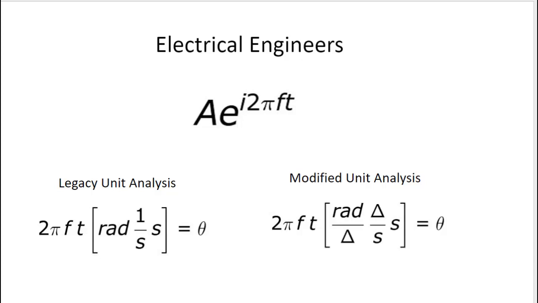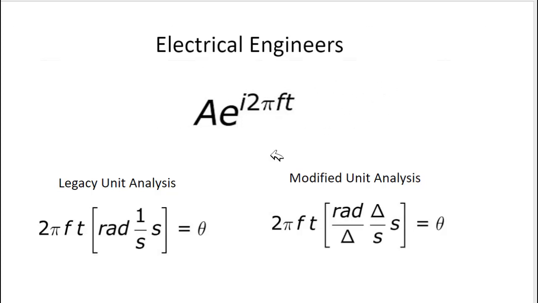So the important point here is that what Robert Distinti is saying is that this is the formula that electrical engineers use. So electrical engineers use e to the power of i 2 pi ft. So what is 2 pi ft?